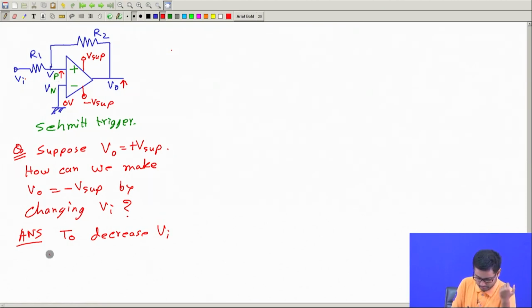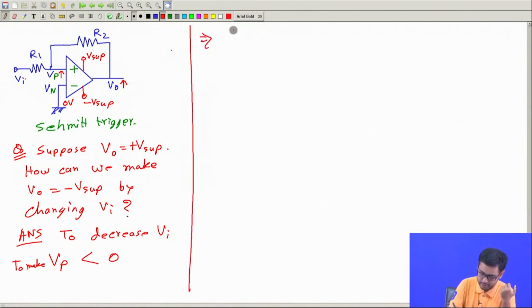Now how much? At least we have to make Vp less than 0 volt, which implies Vp, which is nothing but once again (R2 Vi plus R1 Vo) by (R1 plus R2), less than 0.